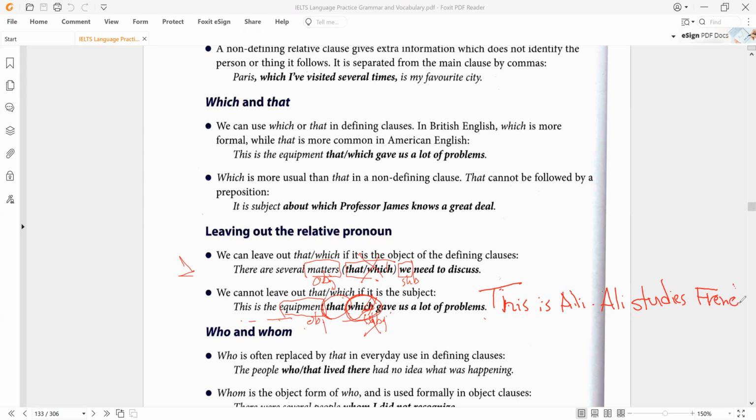So I have two sentences about Ali. Ali, the same person. So to make it one sentence, شنو حنقول?